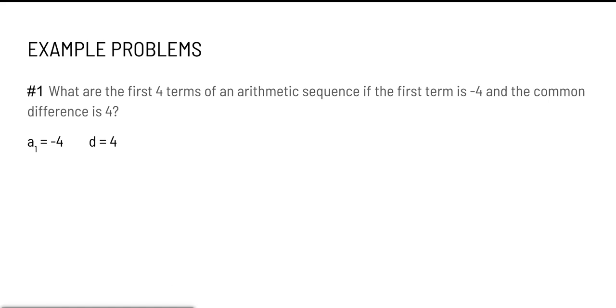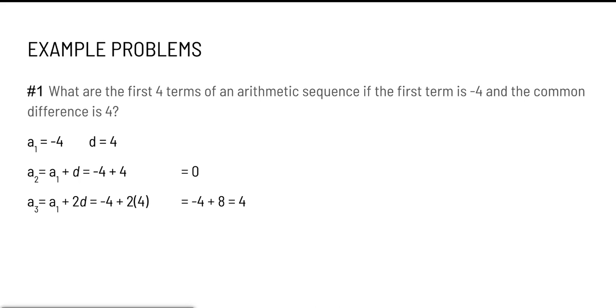So now, let's plug it in our formulas that we stated earlier into finding the other terms. First, a sub 2, which is equal to a sub 1 plus d, is equal to -4 plus 4, which is equal to 0. Next, a sub 3, which is equal to a sub 1 plus 2d.